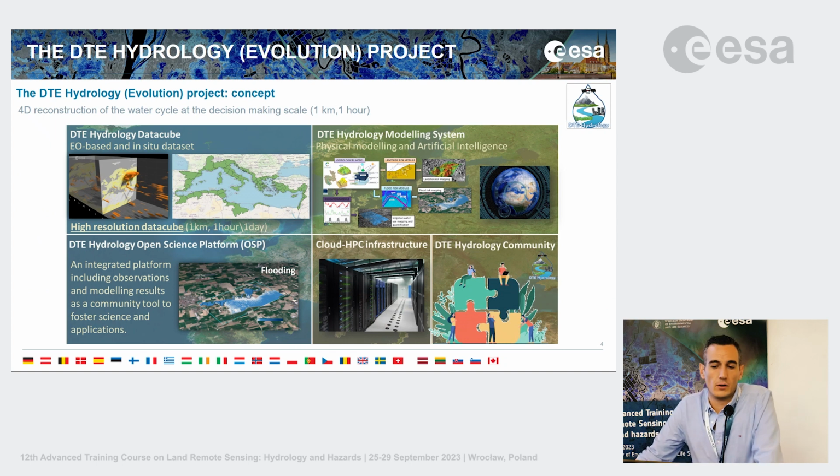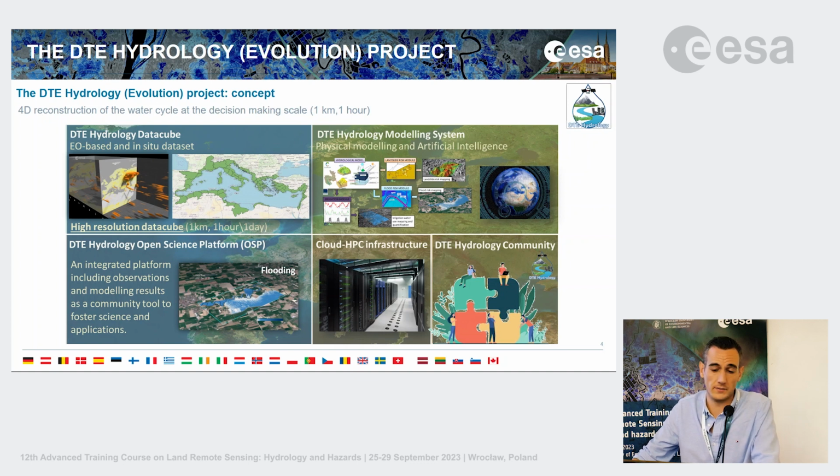So the concept, of course, is the same for DTE Hydrology or its evolution phase, because it's actually a matter of scale. But the concept of a digital twin for hydrology, for the water cycle, is made of three main components, three main ingredients, let's say. There is the data cube, based on Earth observation and also in situ datasets.